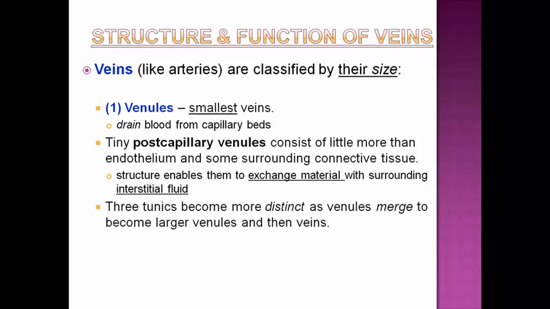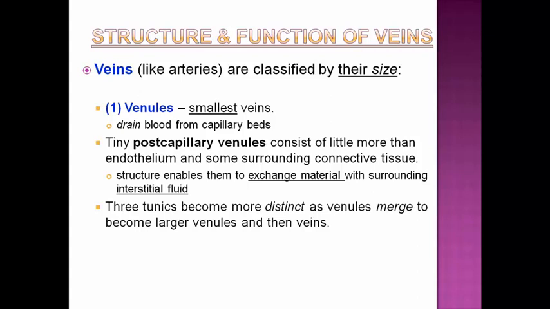If we look at the structure and function of veins, we know veins, like arteries, can be classified by their size. So now we're starting with the capillary bed and we're going back up to the right side of the heart. So we know that venules are the smallest veins. They're going to drain the deoxygenated blood and the waste products out of the capillary beds. We know that you have very tiny, very minute postcapillary venules that have nothing but just endothelium and a little bit of connective tissue, so very, very thin structure.